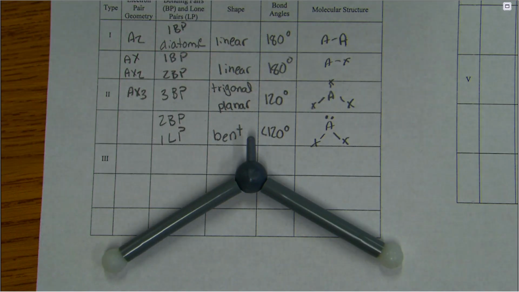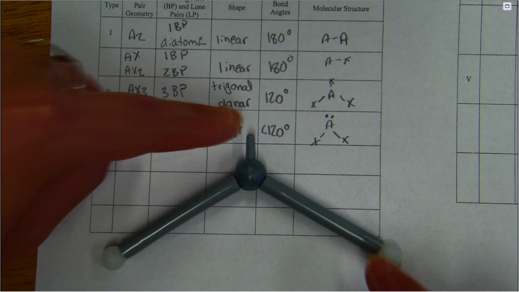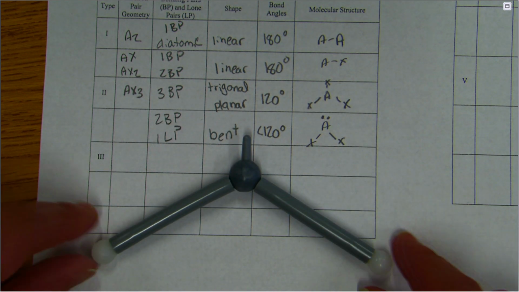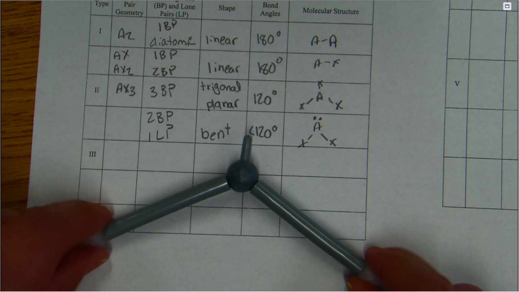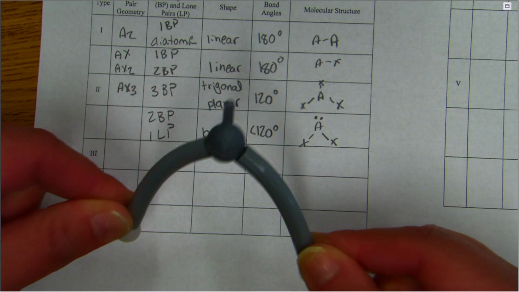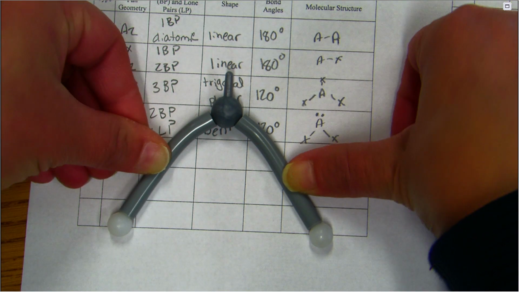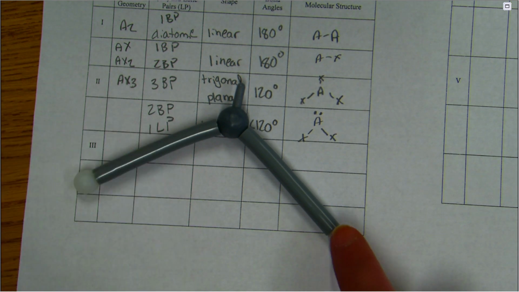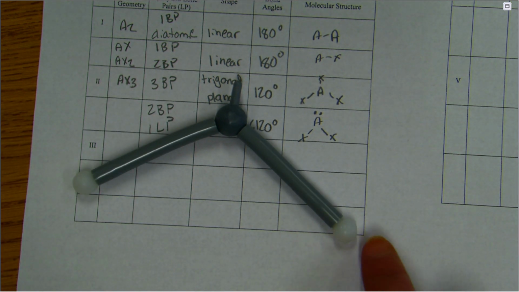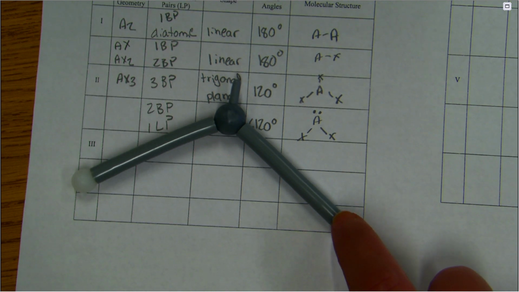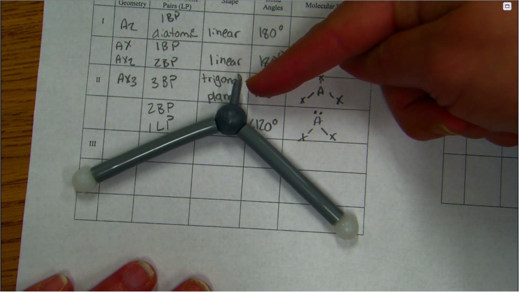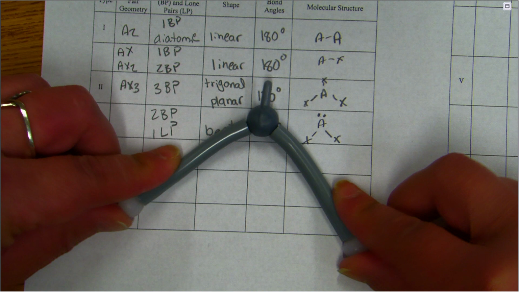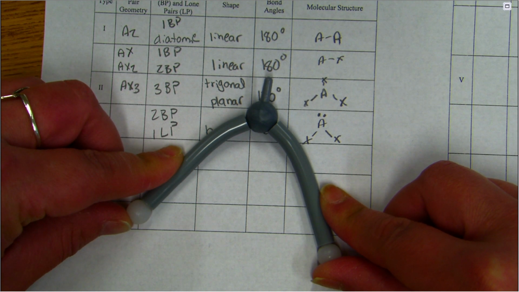So the lone pair of electrons, these electrons up here, are going to repel the electrons down here, pushing our structure in closer together. Now, these guys both have protons, so these electrons are attracted to the protons in the center of the atom. There's no protons on this lone pair, so they are essentially more negative. So they push in, and at less than 120, we call that bent.